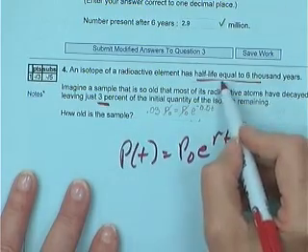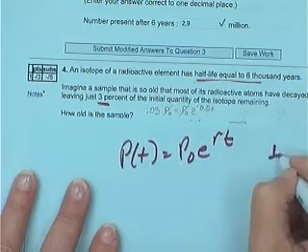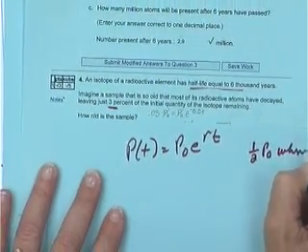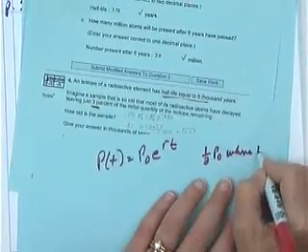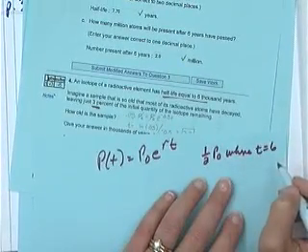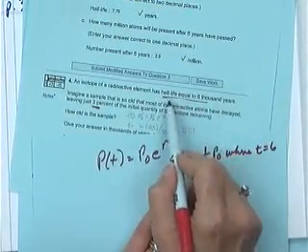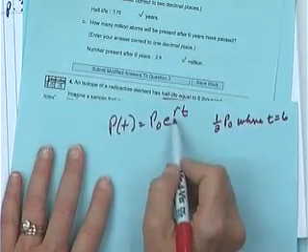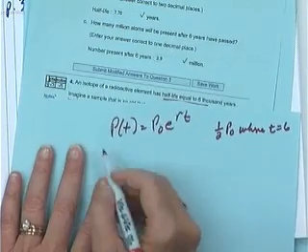The information is that you will have 1/2 the initial amount when t is equal to 6, 6,000 years, half the initial amount. So that will give you information to solve for r.